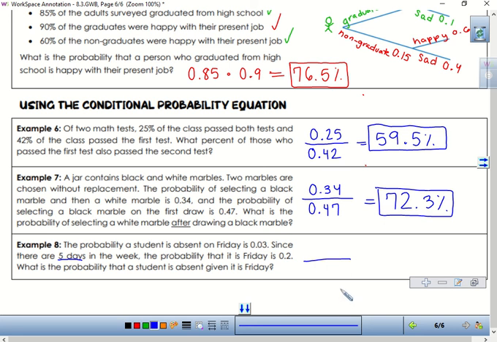So what's the probability that it's Friday? 0.2. And then we're looking at specifically within that amount, how many students were absent that day, which was what? Good. 0.03. And that amount comes out to be 0.15. Yeah, about 15%.